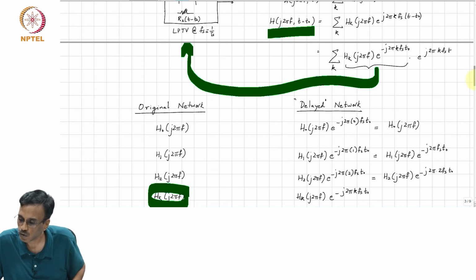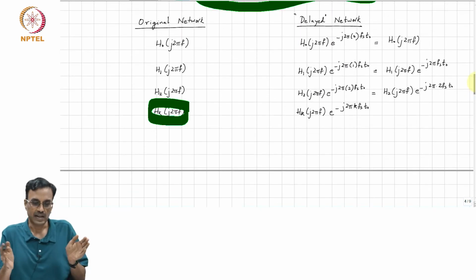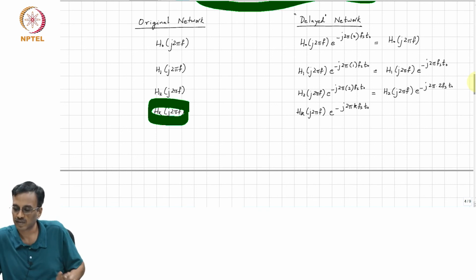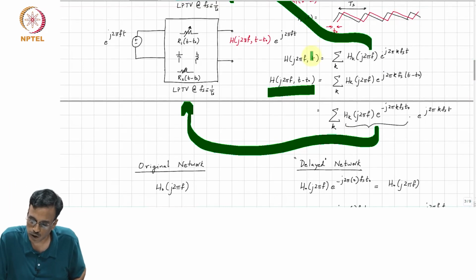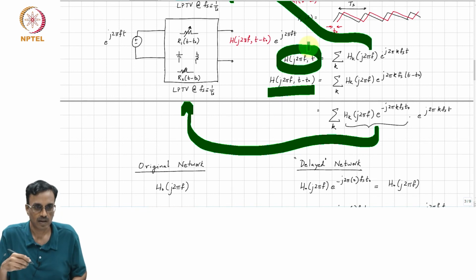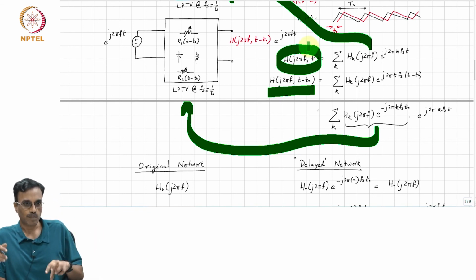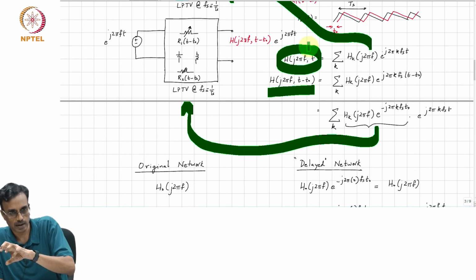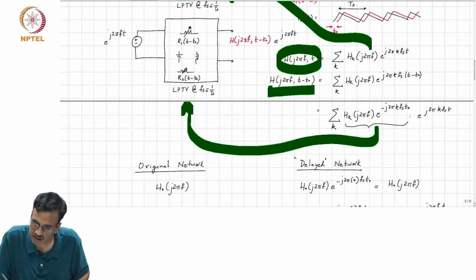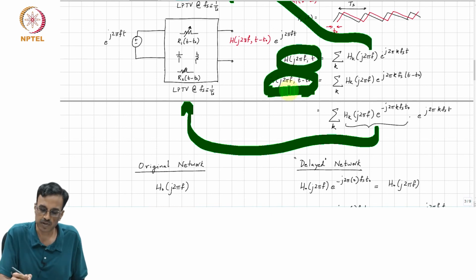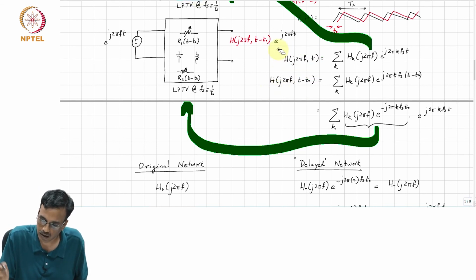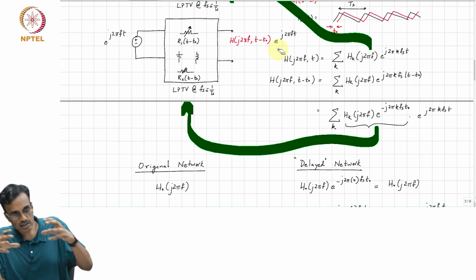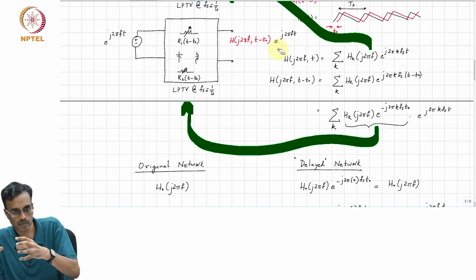Now, if you delay the waveform, the waveform h of j 2 pi f t is composed of sinusoids at frequencies which are multiples of f s, correct. Now, this lower waveform here, h of j 2 pi f comma t minus t naught, is simply a delayed version of that original periodic waveform.